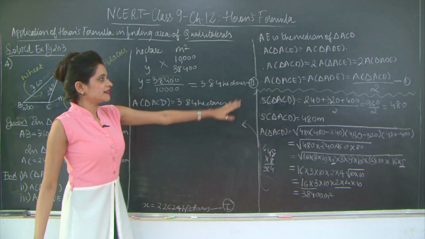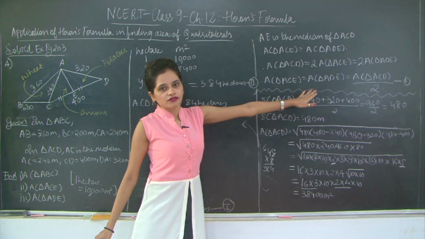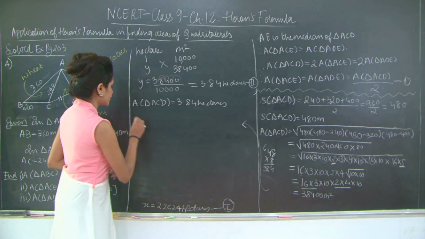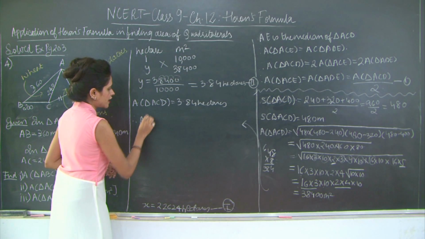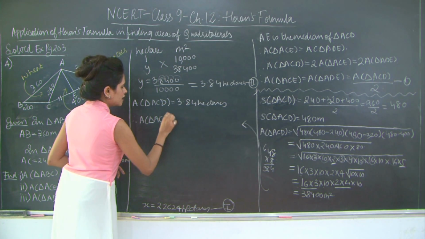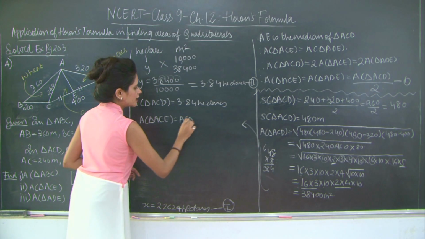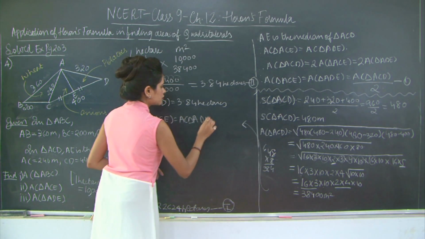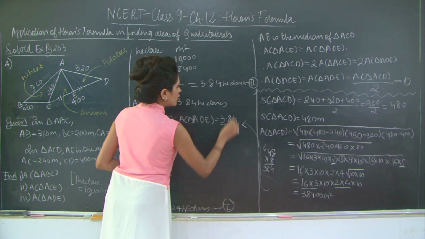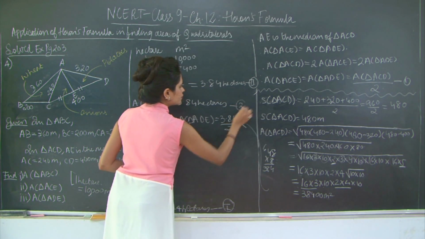Right, but we need to find the area of triangle ACE and area of triangle ADE, which is area of triangle ACD divided by 2. Therefore, I will say area of triangle ACE is equal to area of triangle ADE, which is equal to 3.84 divided by 2. I'll mark this as 2.